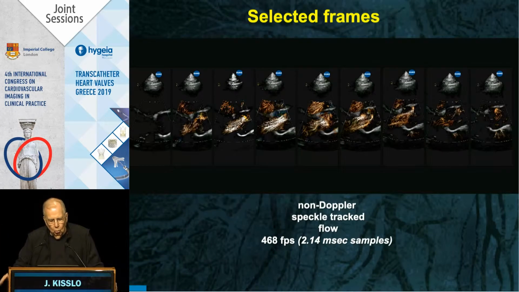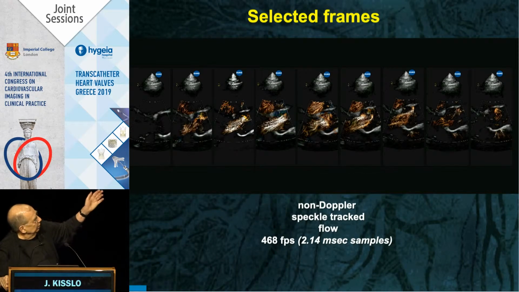Watch this, which are serial single frames. And if you look at the one on the left, there is no flow. Then the second one, the third one, you see the vector flow start up.